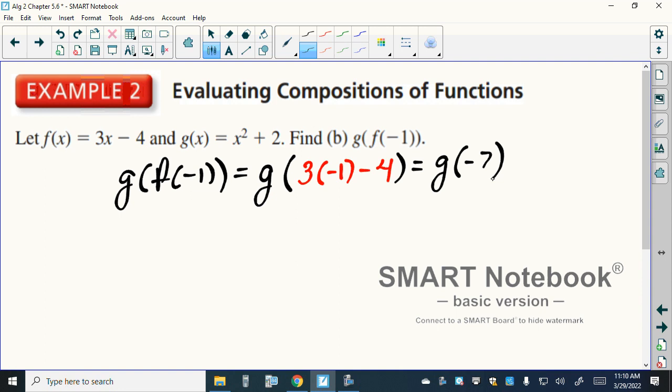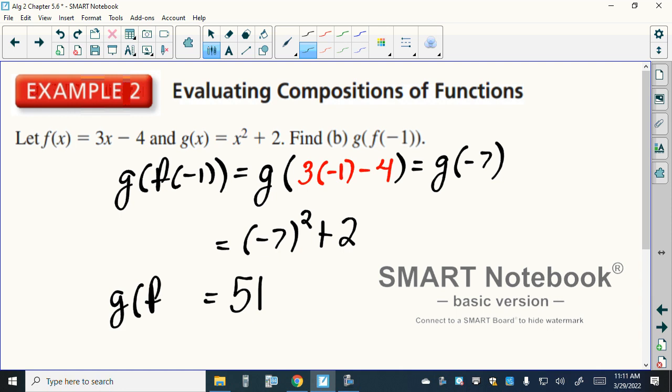Okay, now we're going to evaluate the g of -7, which will tell us that we have -7 squared plus 2. It's 51. Because our -7 squared is 49, positive 49, plus 2 gives us 51. And that's it. That is our g of f of -1.